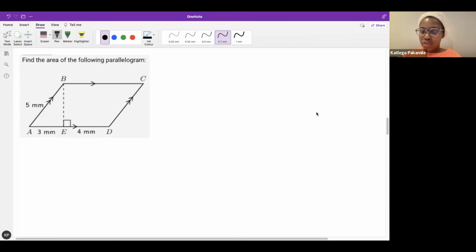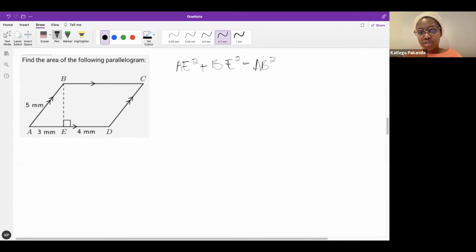Now, which two sides are we adding on the left-hand side? I'm going to start with the first one. It is AE squared plus which one squared? There we go, BE squared equals AB squared.